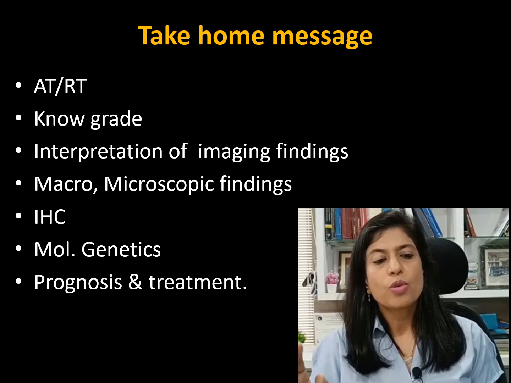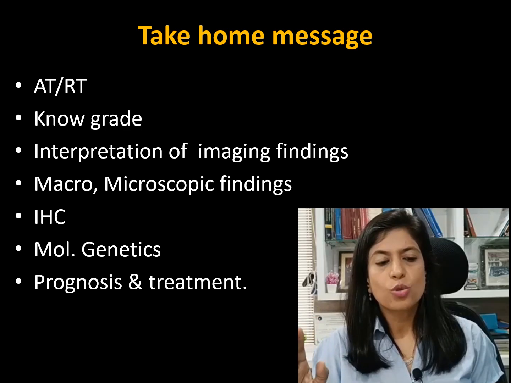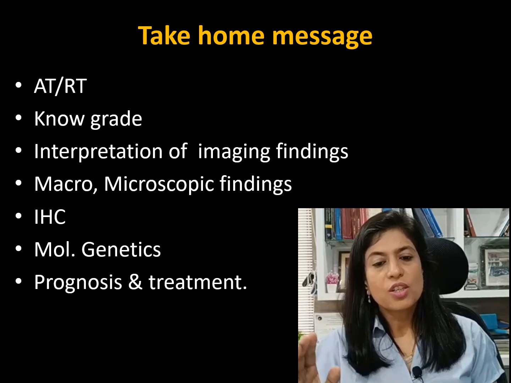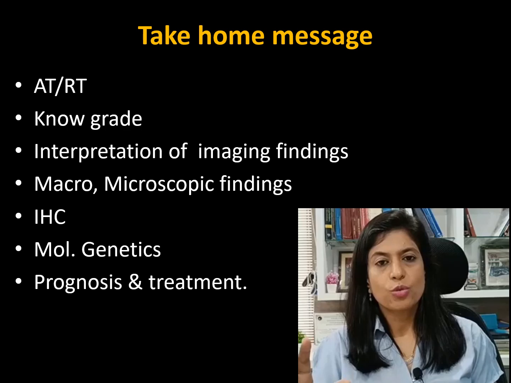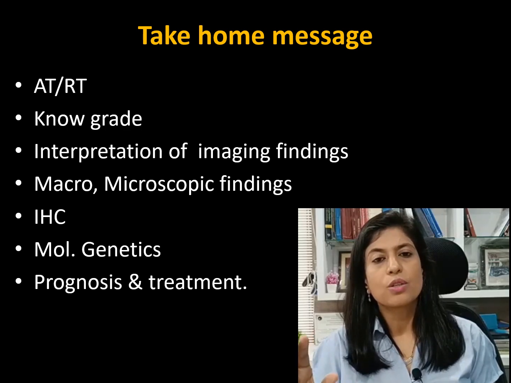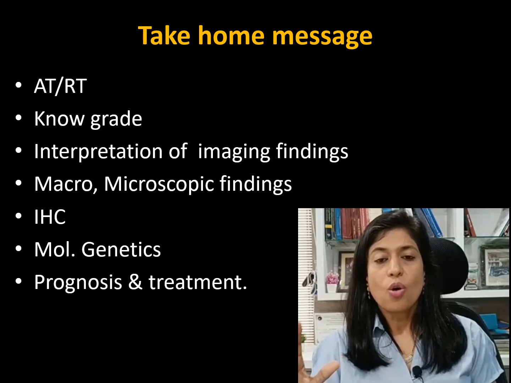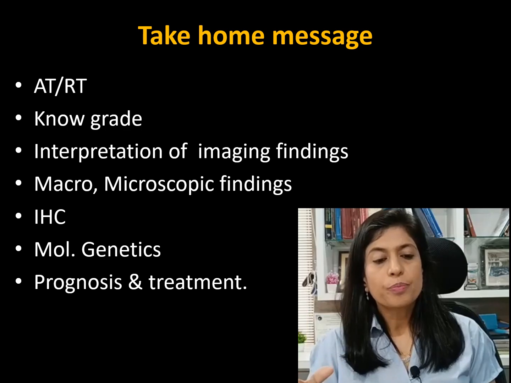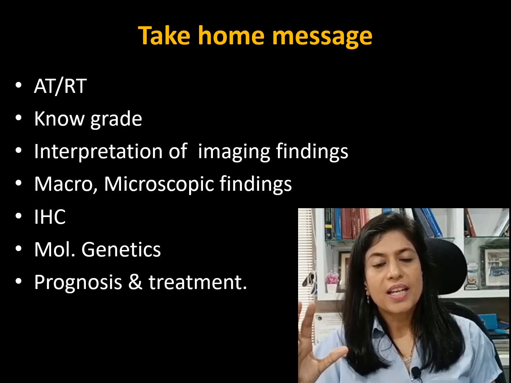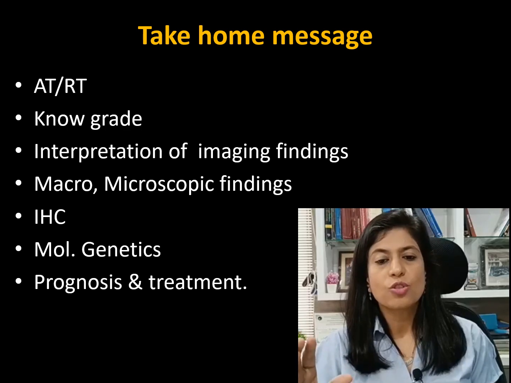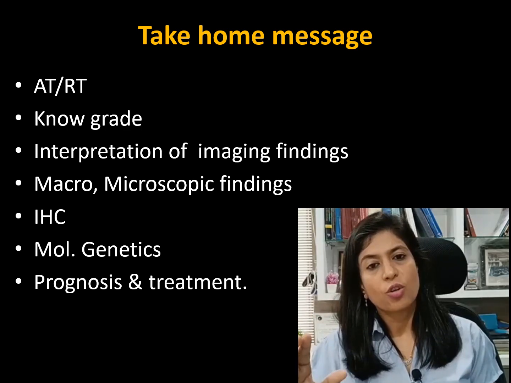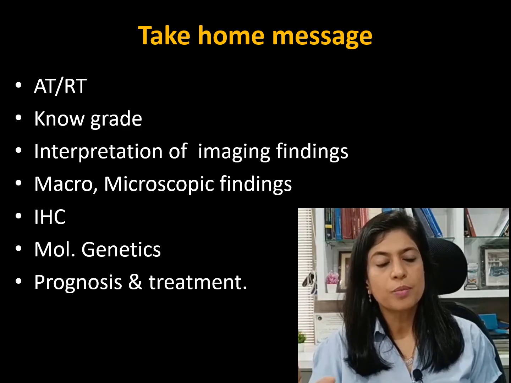These correspond to CNS WHO grade 4. Imaging findings: these are large heterogeneous masses. They may vary from 1 to 3 centimeters in size or maybe even larger. The tumor has a variegated, heterogeneous appearance because of the presence of hemorrhage, necrosis and multiple cysts within.